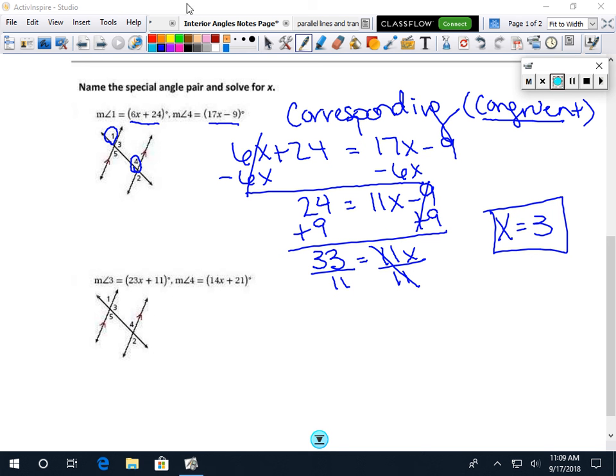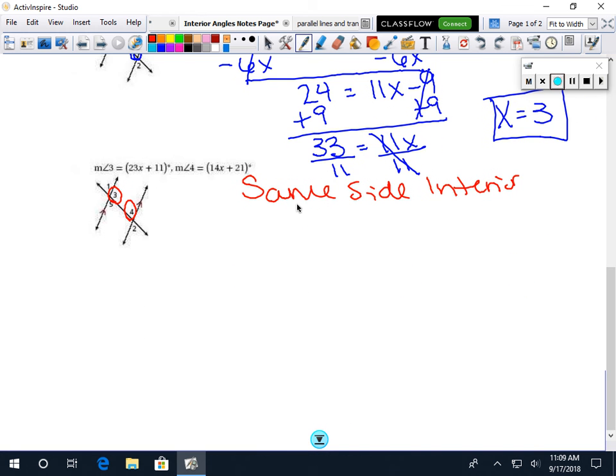Looking at the next example here, I'm looking at the measure of angle 3 and the measure of angle 4. These two angles are same side interior. And I know that same side interior angles are supplementary.